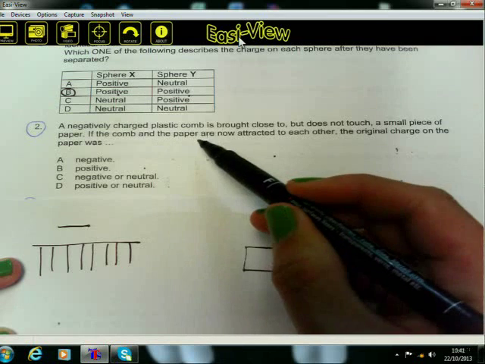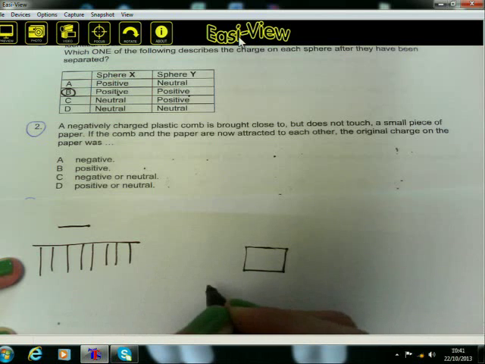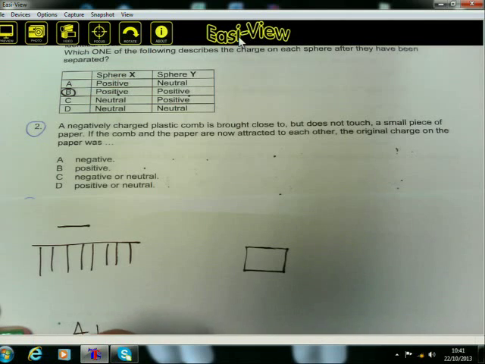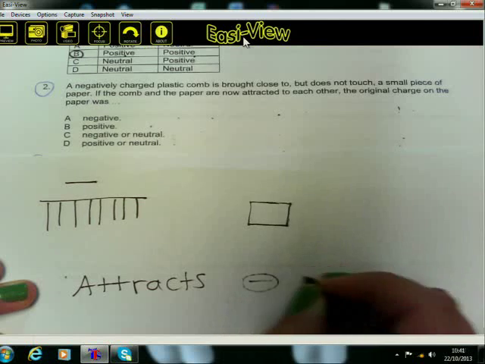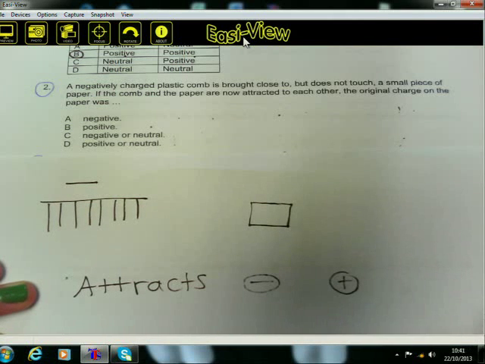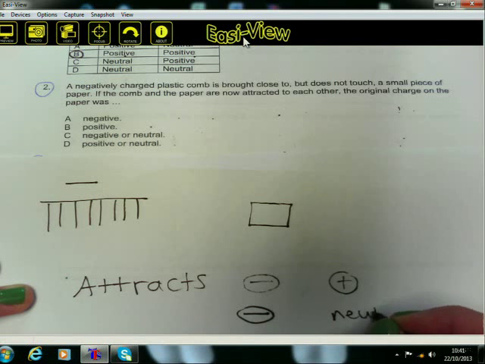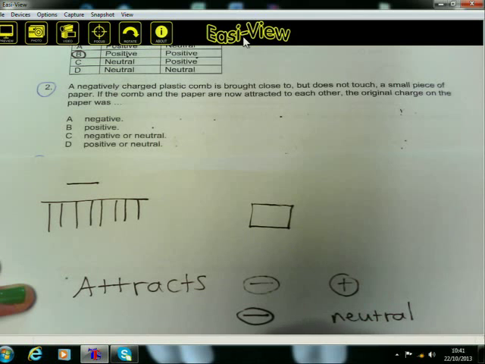If the comb and the paper are now attracted to each other, which means, if you remember the charges, negative and positive charges attract each other, negative and neutral attract each other, and positive and neutral attract each other.